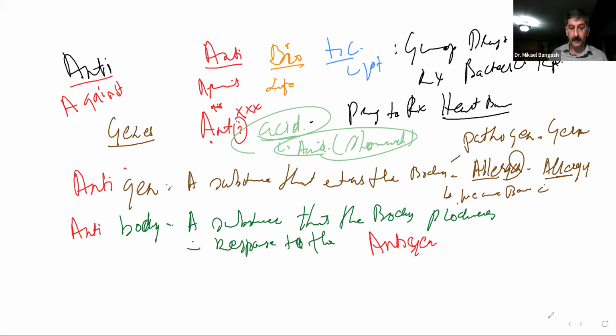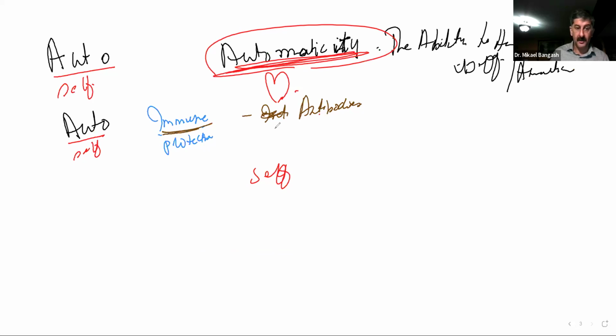But if those antibodies now go and attack your normal cells, your normal organs, the outcome is what we call an autoimmune disease. It is pretty much your immune system attacking you, or you being attacked by your own immune system.